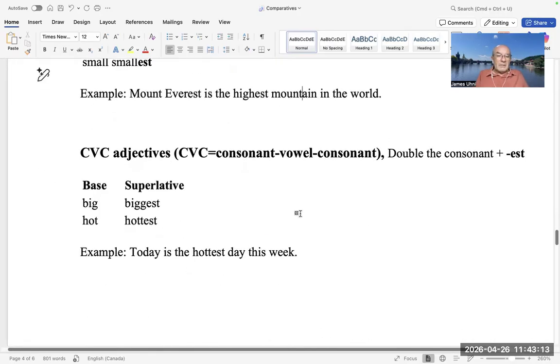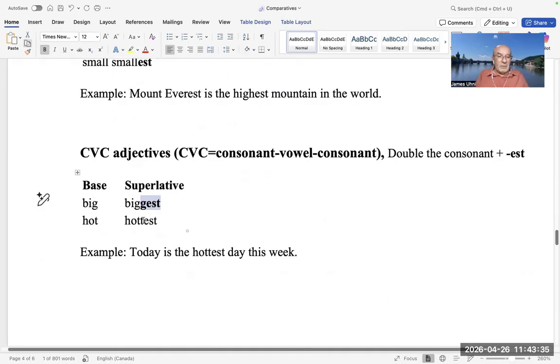Here we have again CVC adjectives. CVC, consonant, vowel, consonant. Double the consonant plus est. Big, biggest. So we have to add G plus est.